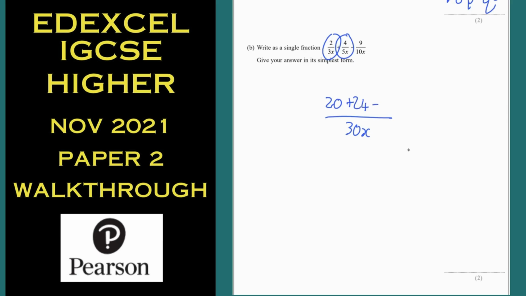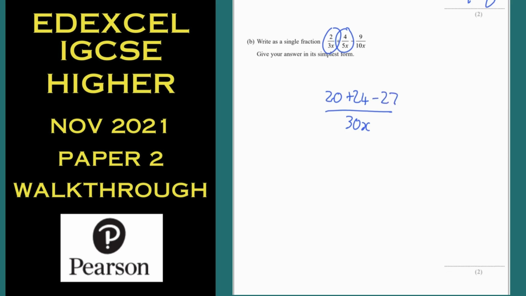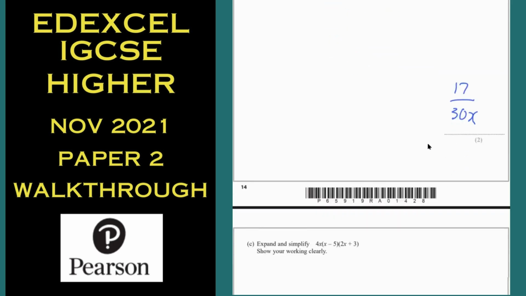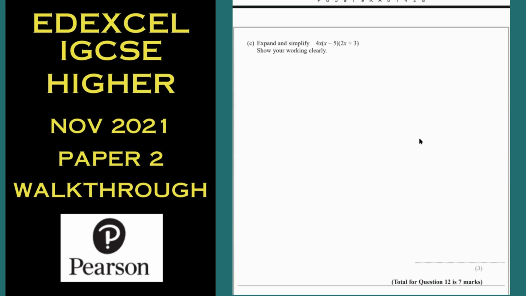And final term is multiplied by 3. And it all simplifies on the top. So the numerator is 17. Denominator stays at 30x. It does not simplify. You've done a little bit of simplifying. It's only worth 2 marks, so it was never going to be a massive one.